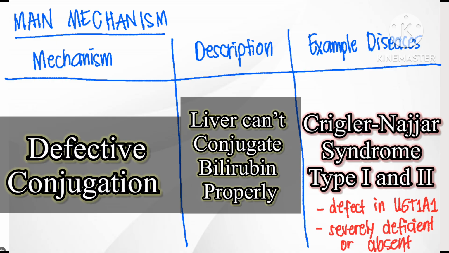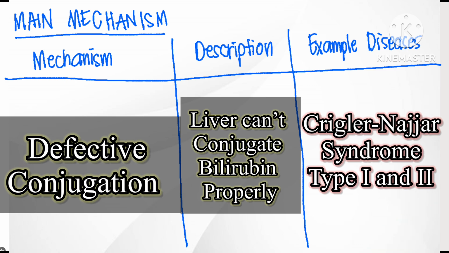So the conjugation step fails in this syndrome, thus the unconjugated bilirubin accumulates in the blood. Which among the two types of Crigler-Najjar is severe? That is type 1. Because in type 1 Crigler-Najjar syndrome, the enzyme is totally absent or 0%. But for type 2, it's milder. It's reduced to around less than 10%.